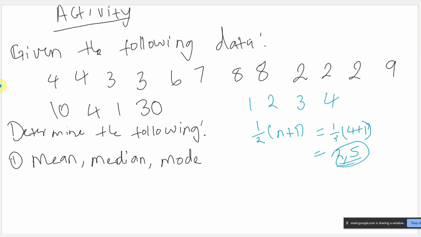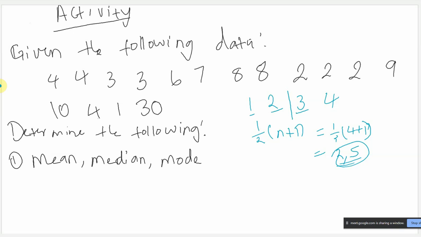So what does that mean? You calculate the position and then you come here and say 1 and then 2, so your median is somewhere between them. So what you're going to do is add this number and this number, then divide by 2 to find the median. You know this, right?